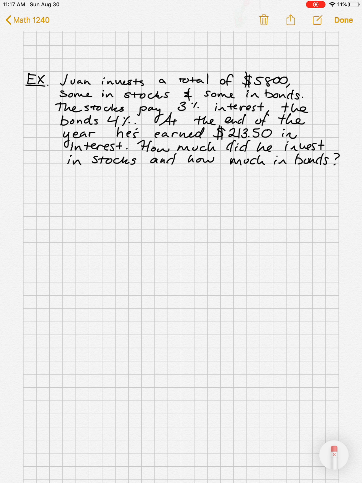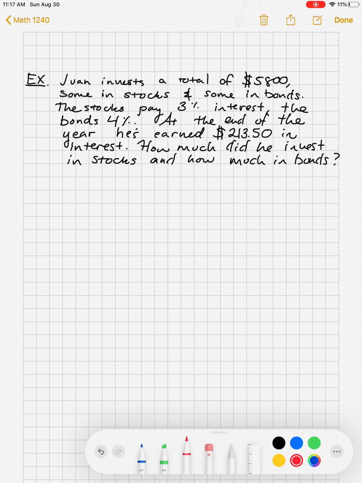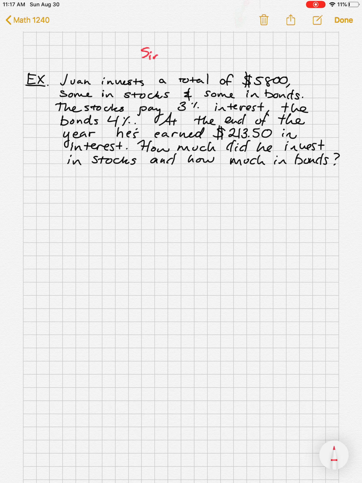At the end of the year, he's earned $213.50 in interest. How much did he invest in stocks and how much in bonds? So we're going to assume that this is simple interest. That'd be the implied assumption here. We're also going to assume that these are annual interest rates. That's another implied assumption.